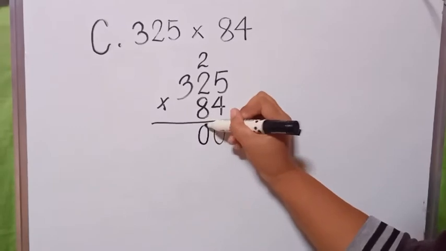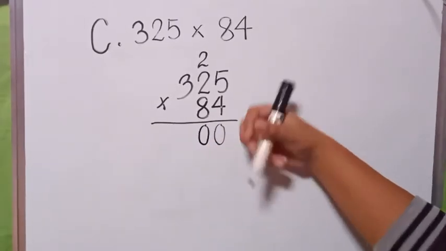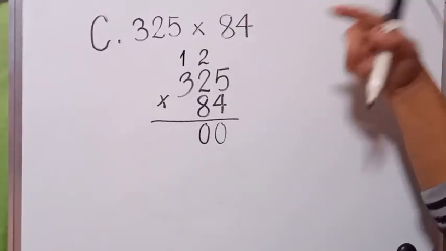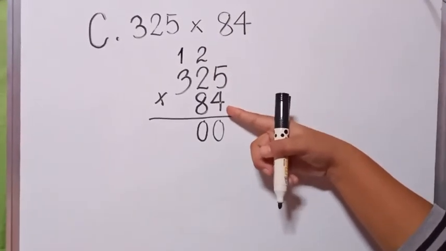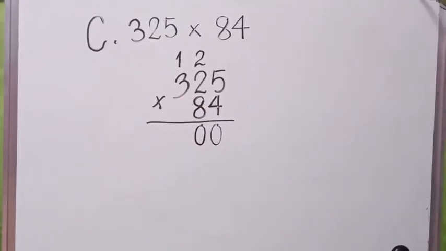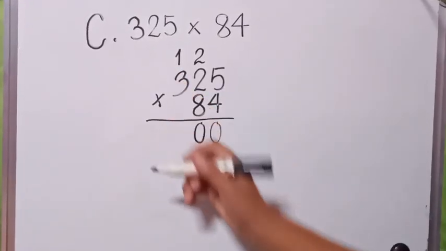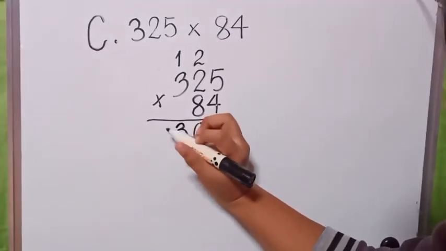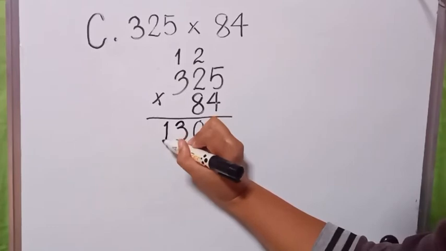So we'll put the 0 or our ones below and carry our 1. We'll do the process again. 4 times 3, that is 12, plus 1, that is 13.